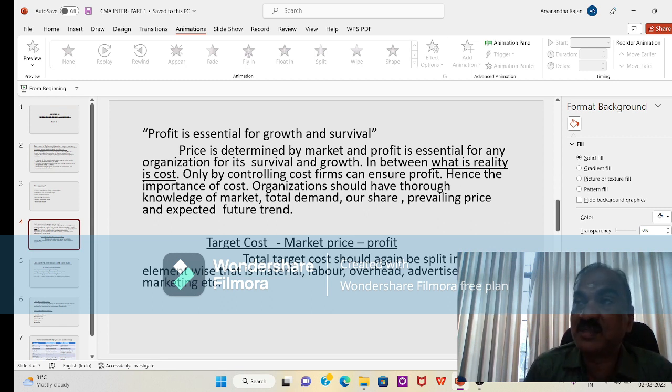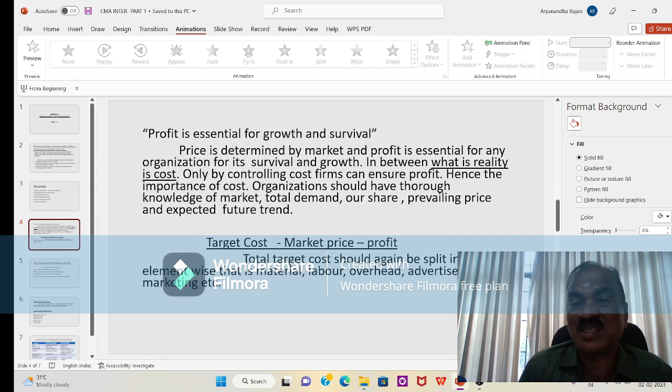Then it should be split into material 10,000, labor 2,000, overhead, advertisement, marketing, sales promotion, etc. Totally, it should be equal to or less than 18,000. Then only you can survive. That is the importance of cost, target cost as well as cost.